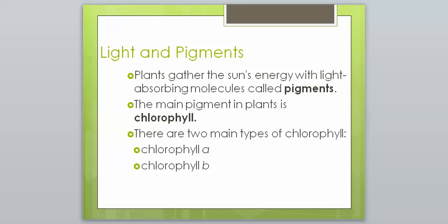Plants gather the sun's energy with light absorbing molecules called pigments. The main pigment in plants is chlorophyll. And there are two types of chlorophyll, chlorophyll A and chlorophyll B. We don't really need to know the difference between the two, just know that there are two different types. So chlorophyll A and chlorophyll B are going to be used to absorb the sun's energy.